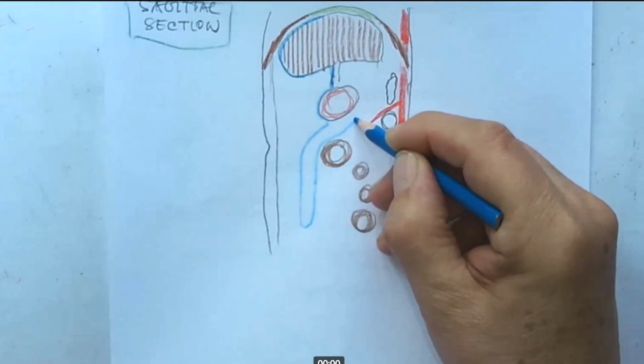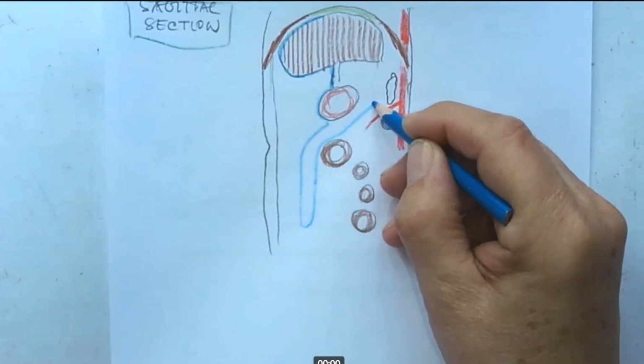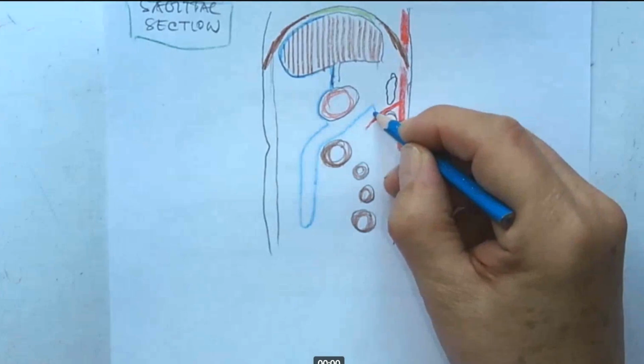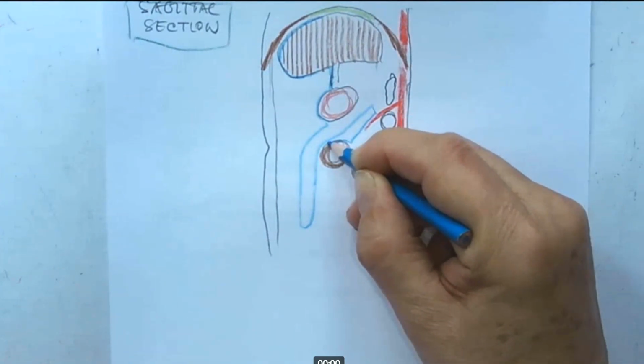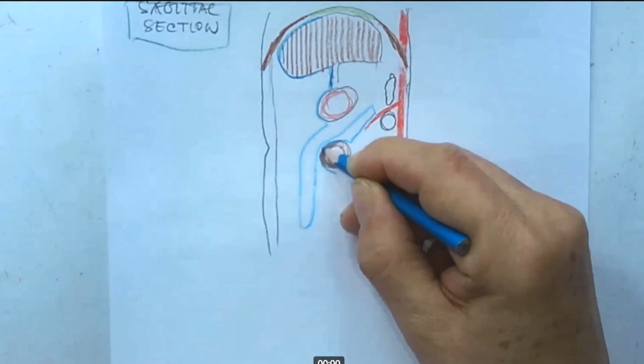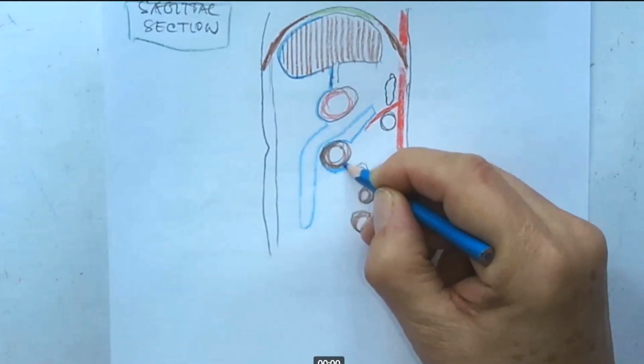So we are here, stopping. Then we have to descend to the transverse colon with the mesocolon, like that.